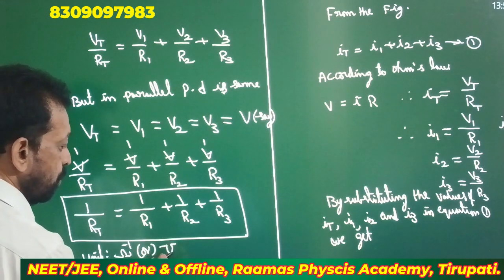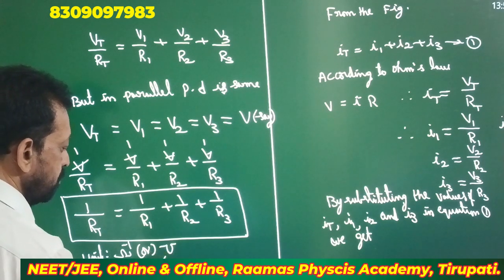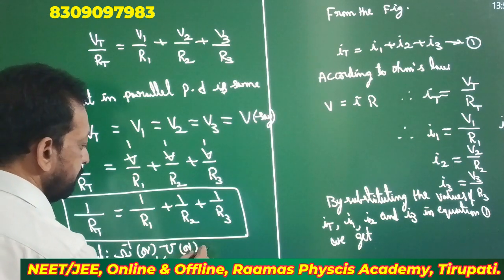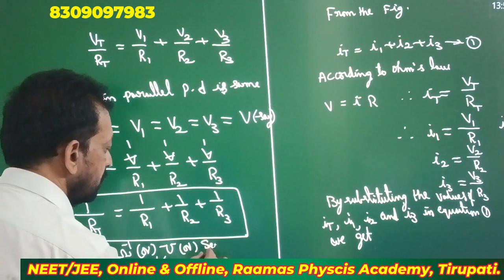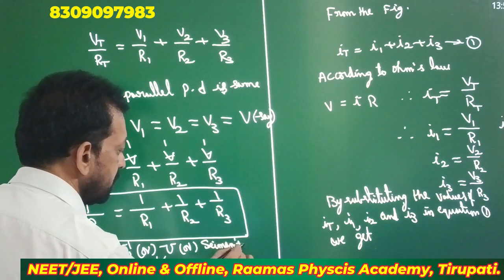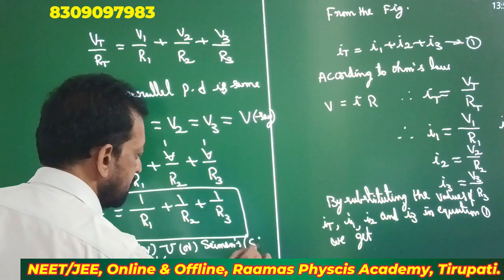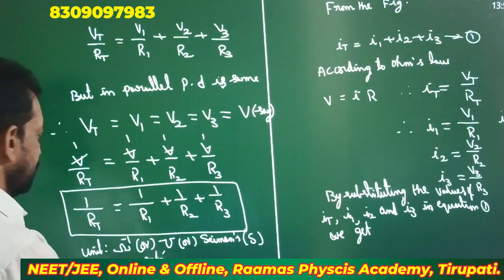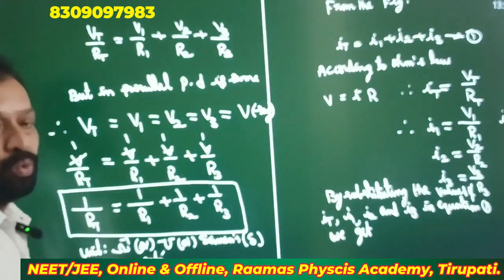Symbol is MHO, mho, or Siemens. Siemens symbol is S. It is called conductance. Now we need ohm.